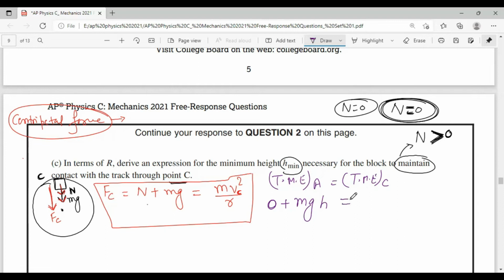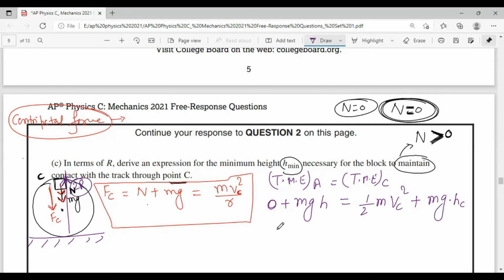That should be equal to total mechanical energy at point C. So the kinetic energy will be half m vc square plus mg into hc. At point C, the reference level is here, so the height at point C is equal to 2r.